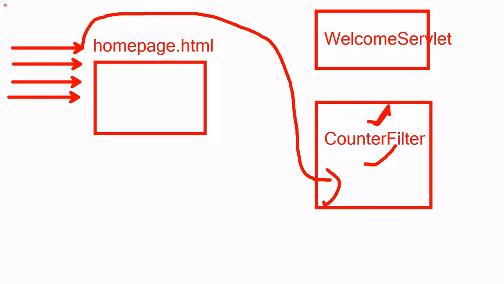Okay. Now you are sending a request to homepage.html. Control is diverted to counter filter. Now suppose we display the count value here. What will happen? The counter filter executed and that output displayed.